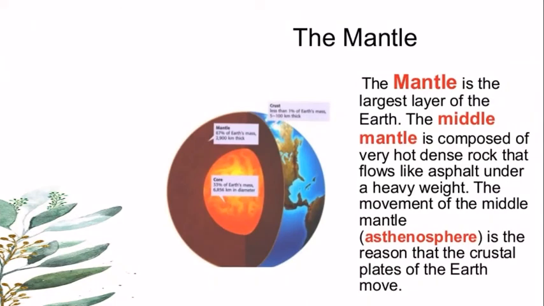Let's know about the mantle zone. The surrounding of this portion is known as the mantle zone. So the surrounding up to 2885 kilometer radius from the upper level of the core is defined as the mantle zone, and this layer contains heavy metals like silicon and magnesium.